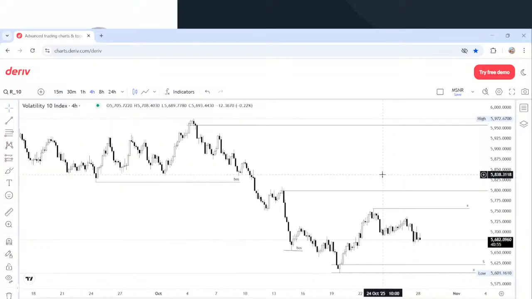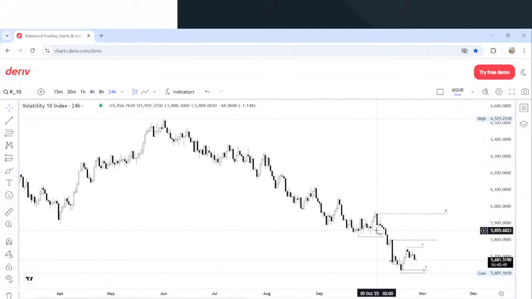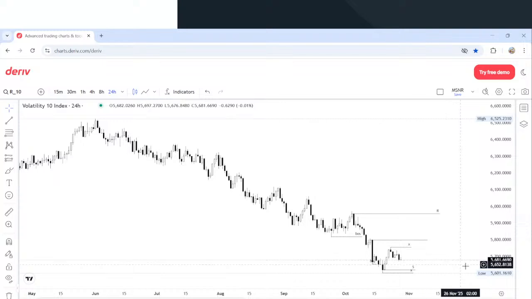And then V10. V10 is on the downtrend. If you look at it on the higher time frame, okay, there we go, lower high, lower low, lower high, lower low, and then until this point.